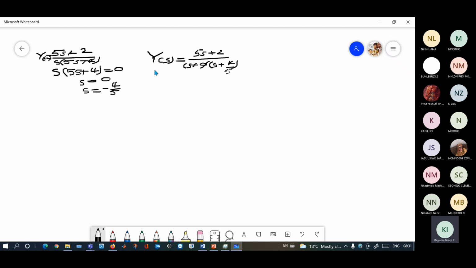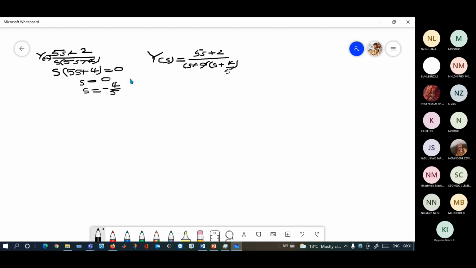So then we can now transform it into partial fractions. You know, this is s plus p1, which is equal to 0, and s plus p2, which is equal to minus 4 over 5.